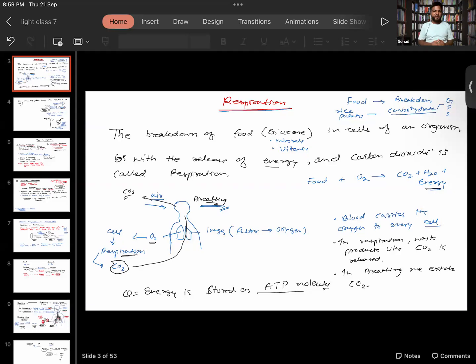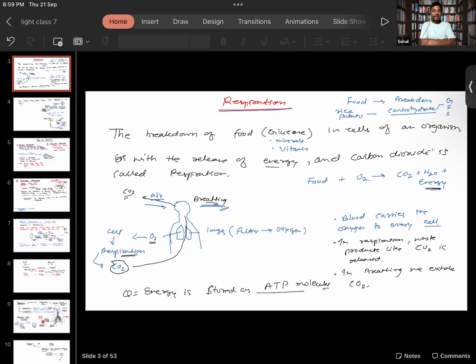Their secretions help in digestion. For example, the saliva helps to convert carbohydrate into starch partially in our mouth.